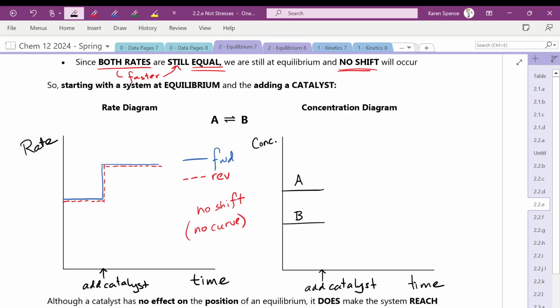So, ladies and gentlemen, where should the spike be?